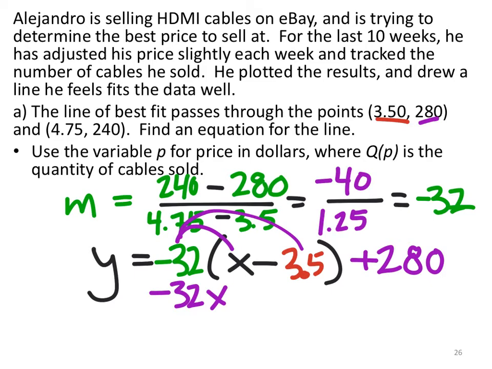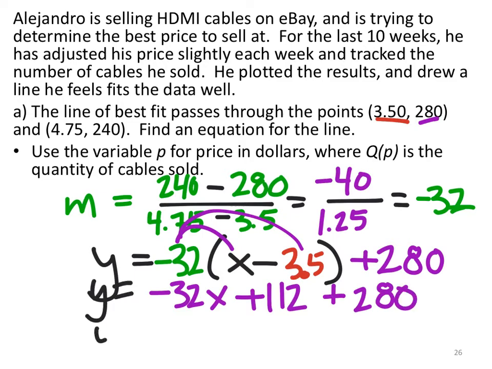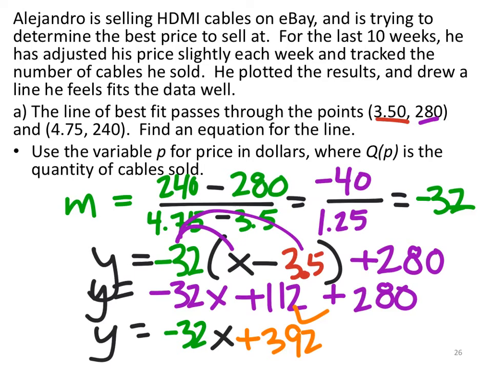And I push enter, and it gives me a positive 112. There we go. But we still got this plus 280. So this is what y is, and we'll simplify this further. We got the slope is negative 32 times the x, but we can combine these two. Looks like it would be a positive 392 on that one.